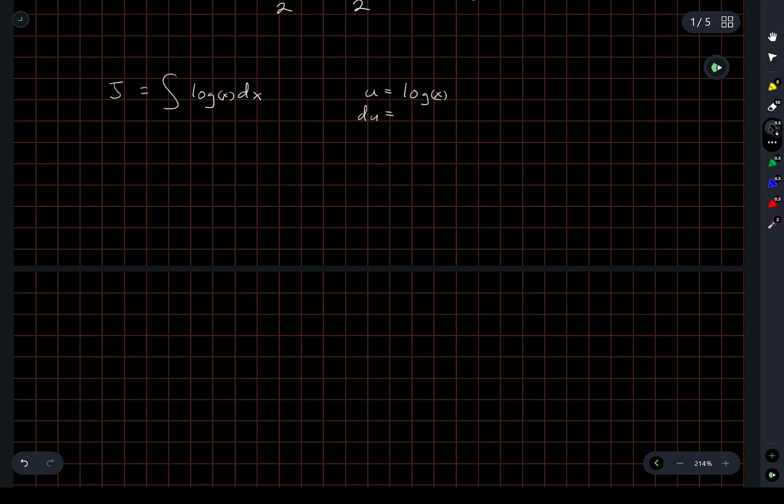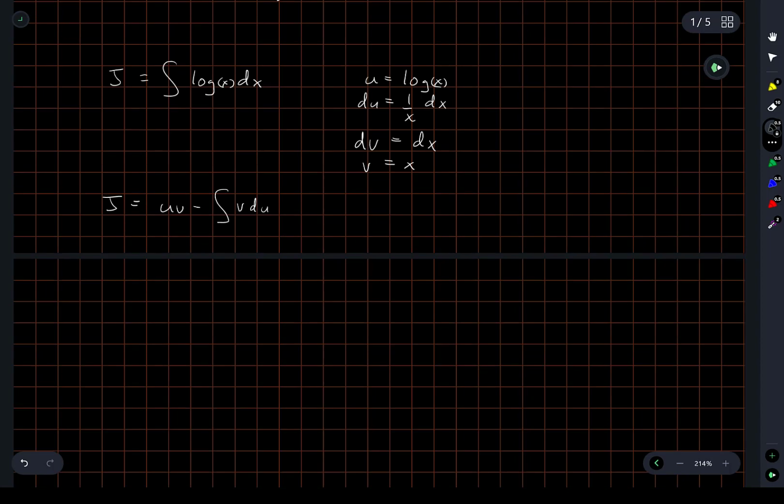So then du is equal to 1 over x dx. And dv is simply equal to dx, so v is equal to x. And I'll use my integration by parts with those two substitutions, so that j is uv minus the integral of v du.